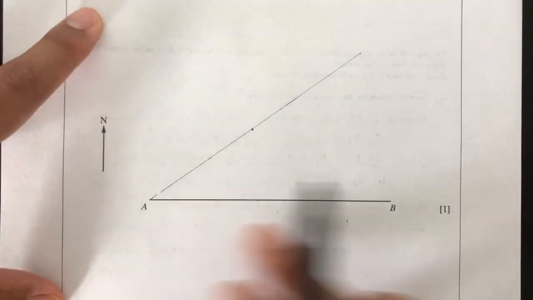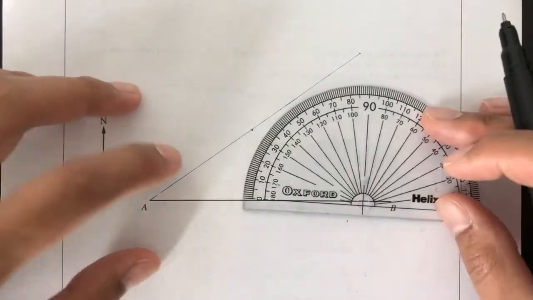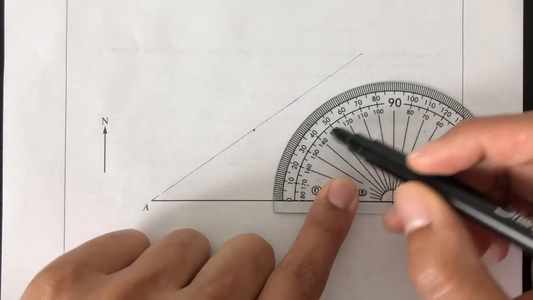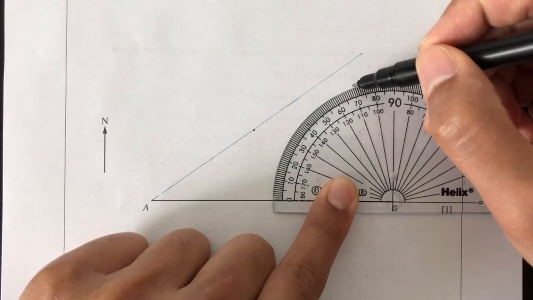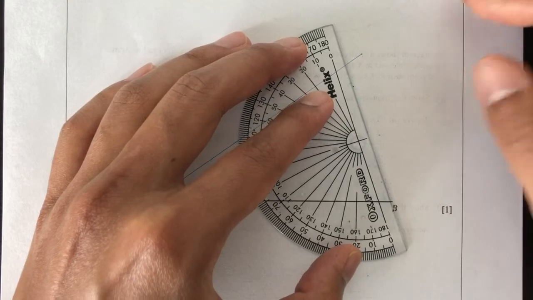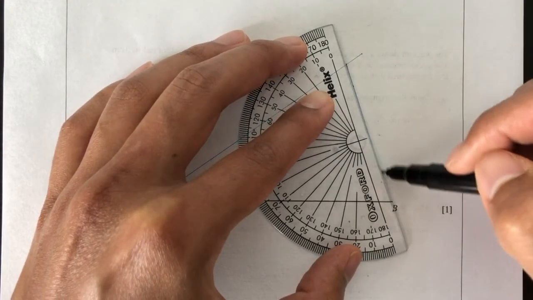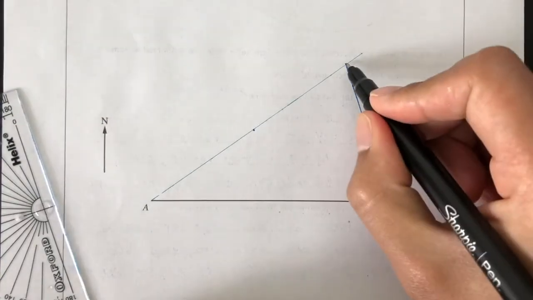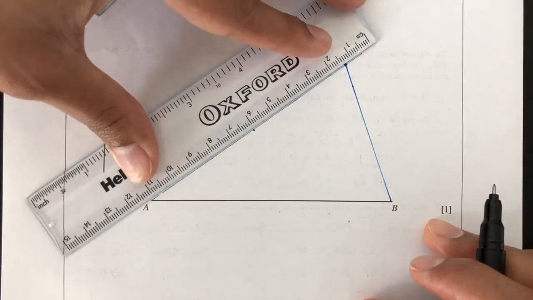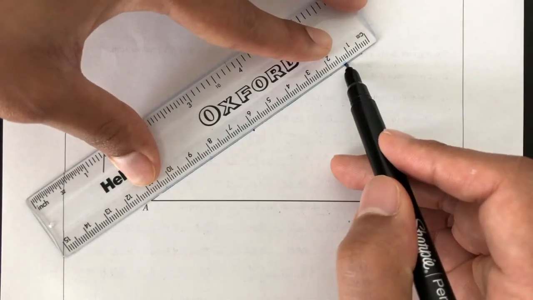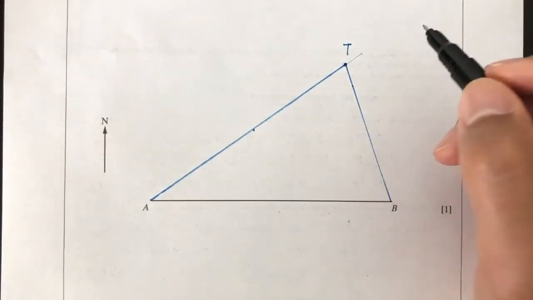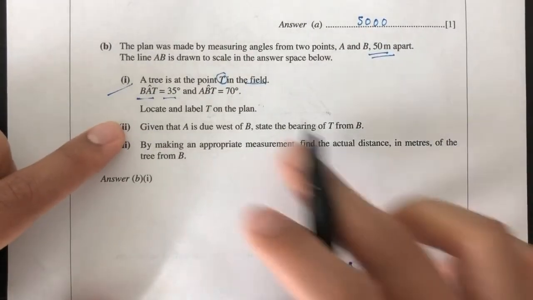So the interior angle will be 70. So 70 will be on this point, so we have to join the 2 points and see where they intersect. That will be your point T. So as you can see, this is the point of intersection of these 2 lines. So let's join these 2. That is your point T. Okay, so that is done.